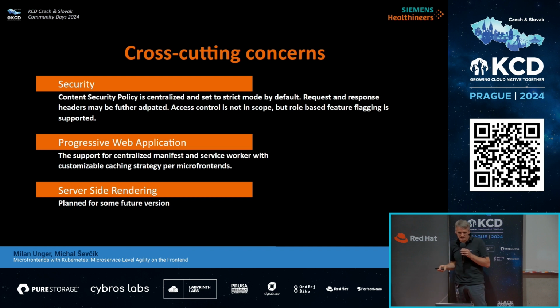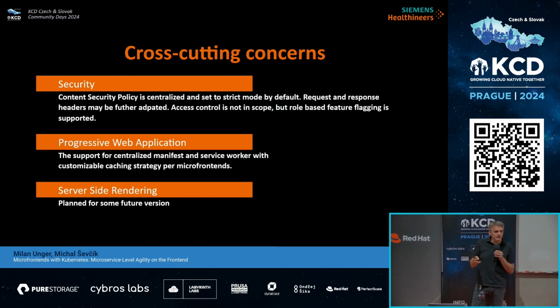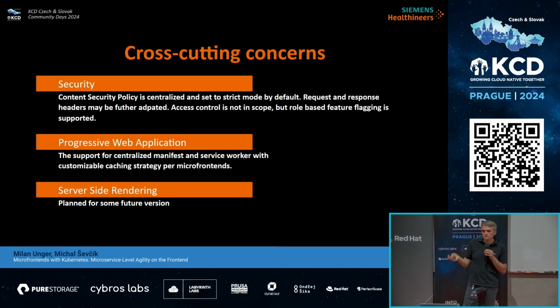Regarding cross-cutting concerns, there is some built-in functionality which solves the common problems of delivering the site. So for example, from the security point of view, the content security policy headers were already mentioned, which you can configure for your microsites. There's also some security handling of roles.